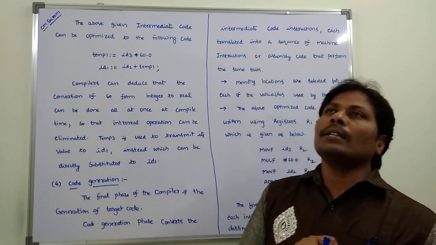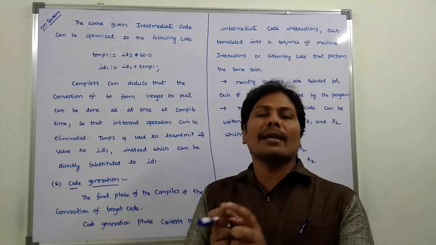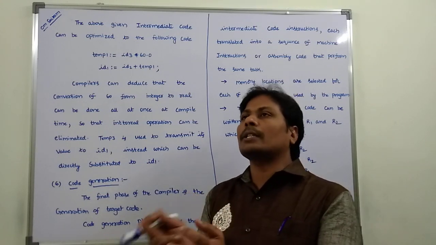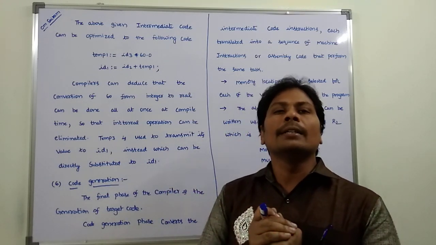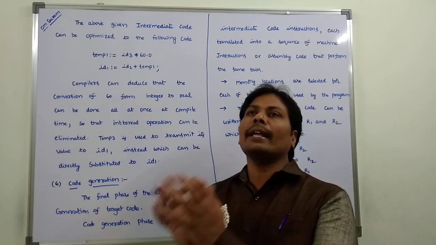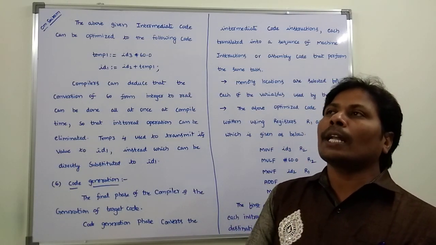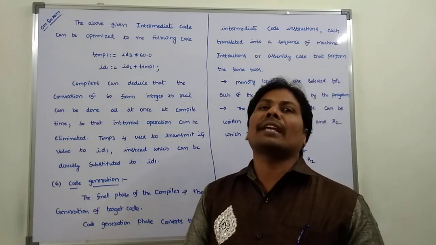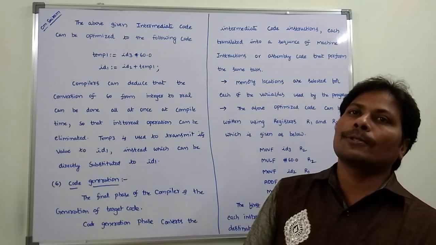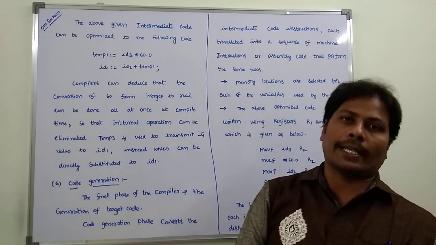Next, the final result temp3 can be assigned to identifier id1. So this instruction is also eliminated, and whatever result we get can be directly assigned to id1. The above intermediate code representation can be optimized into these two instructions. First one is temp1 is equal to id3 into 60.